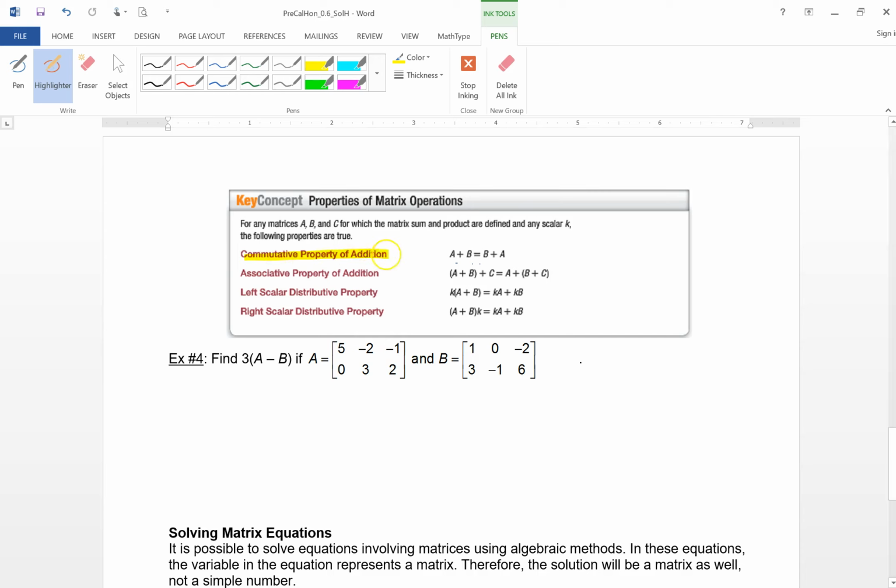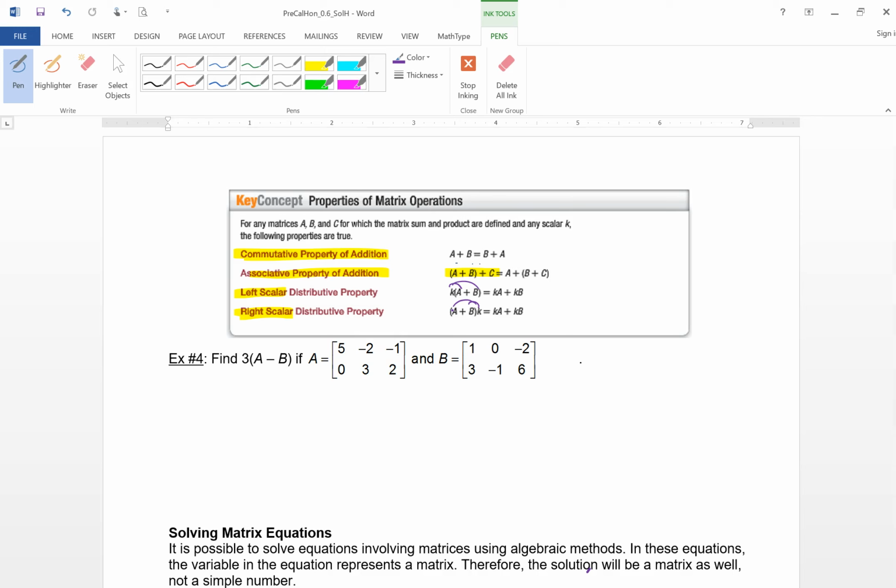Also the associative property of addition, meaning if you have to add 3 matrices, A plus B plus C, you could add A plus B and then C, or you could add B plus C and then add A to it. It's the same. And then you have left scalar and right scalar, meaning if you're going to multiply by a scalar, you can put it on the left side and distribute, or put it on the right side and distribute. It's exactly the same thing.